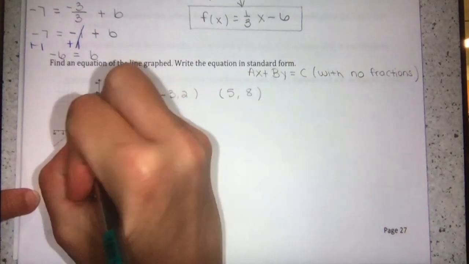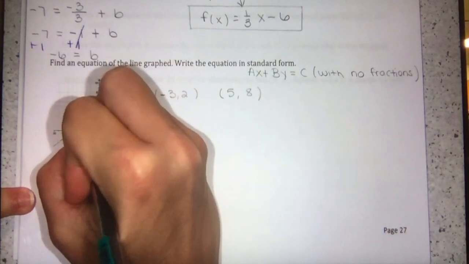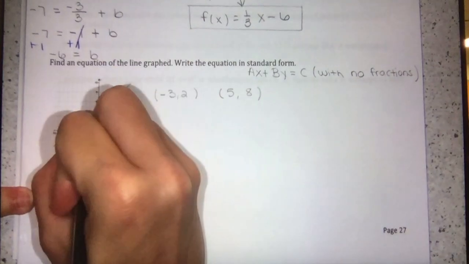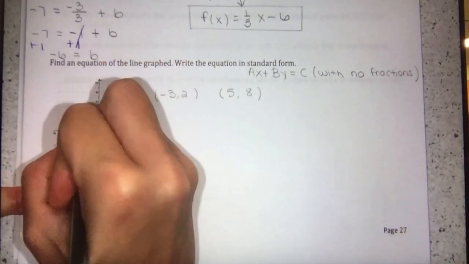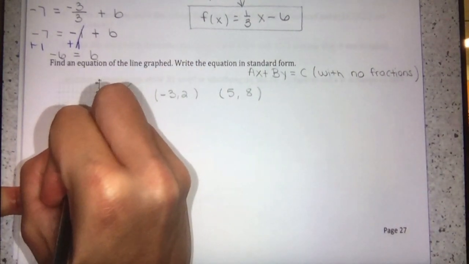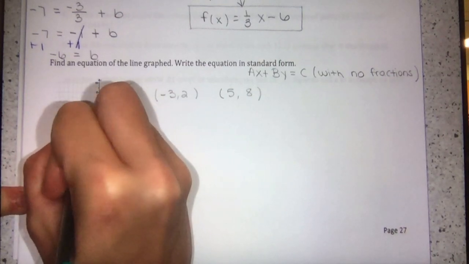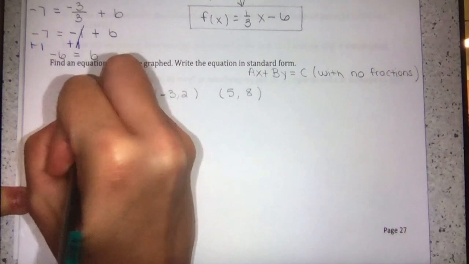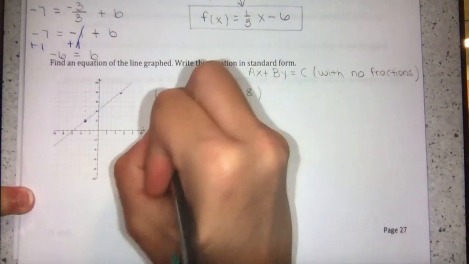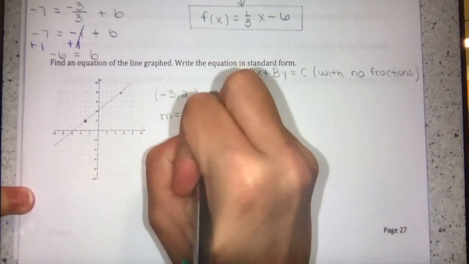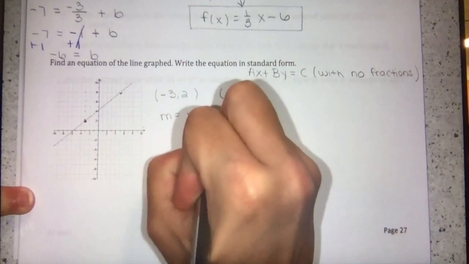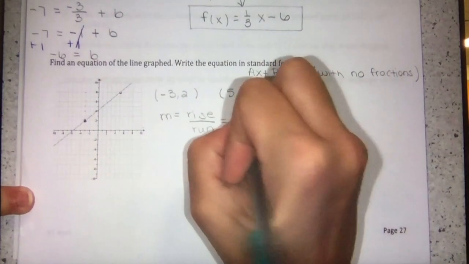Our slope going from one point to the next. We read from left to right, so we're going to go from the left point to the right point. I'm going to go up 1, 2, 3, 4, 5, 6. So my slope is rise over run. I rose, I went up +6.